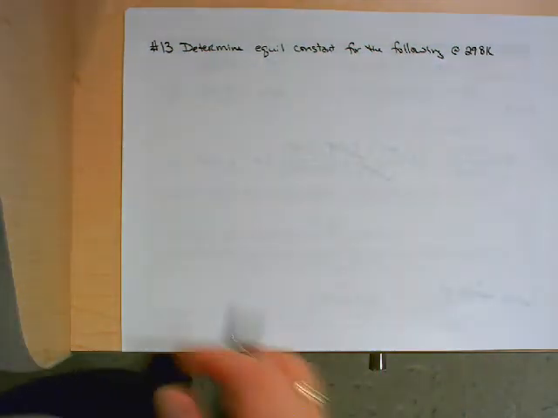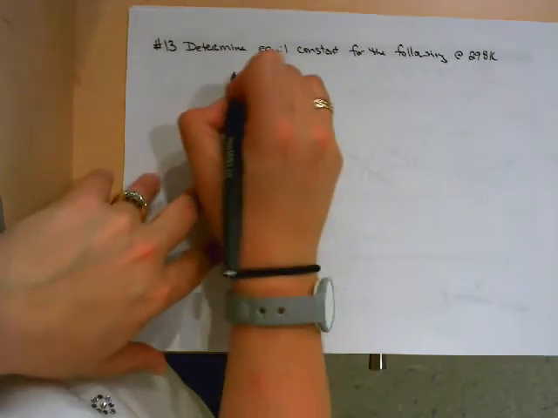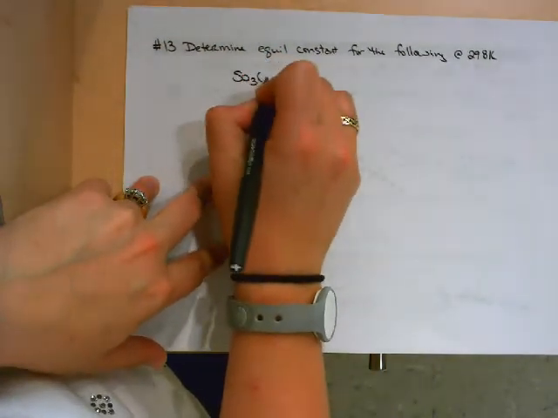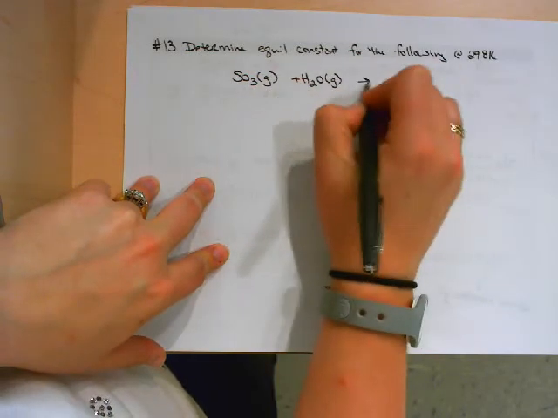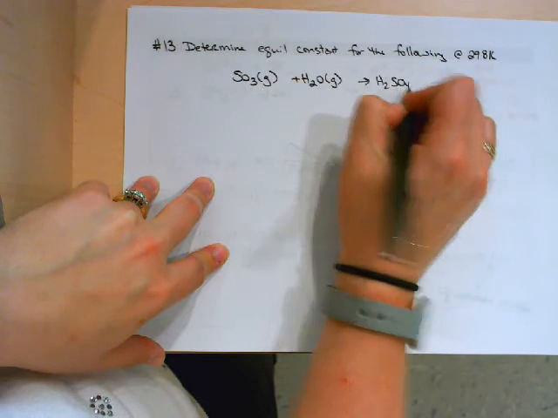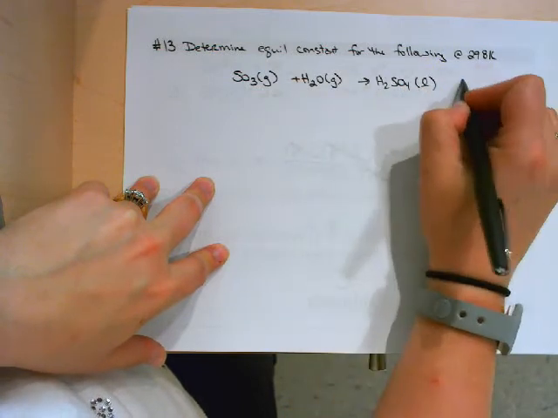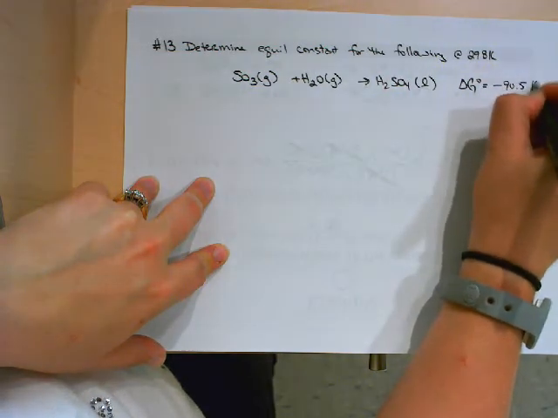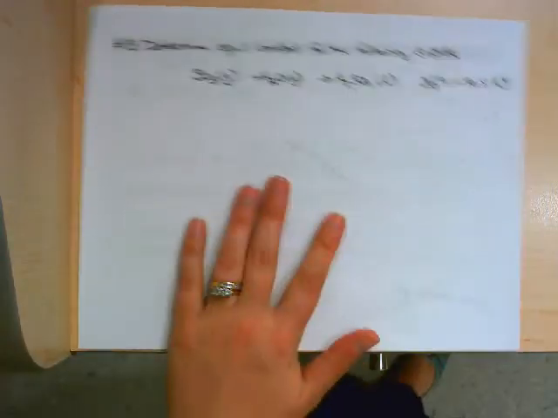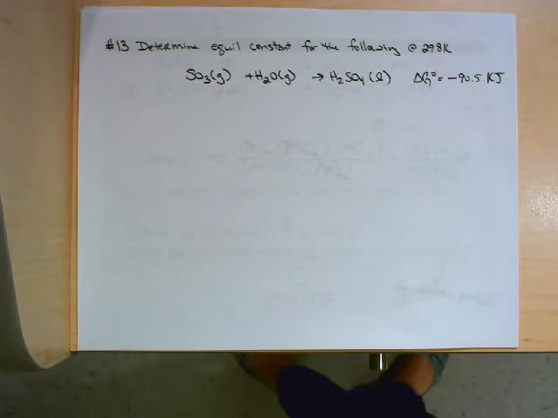Alright, so number 13 says determine the equilibrium constant for the following reaction at 298 degrees Kelvin, given that set of information.